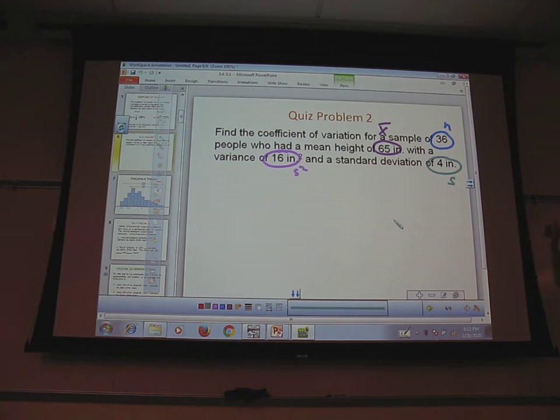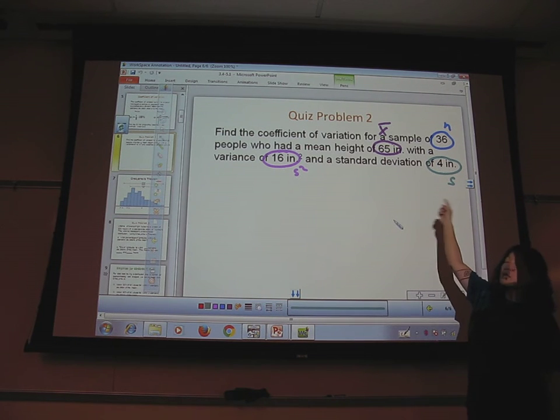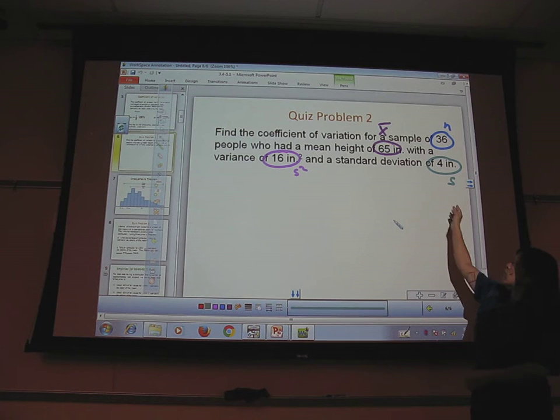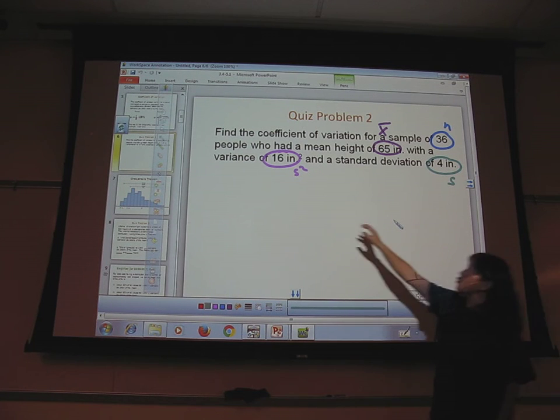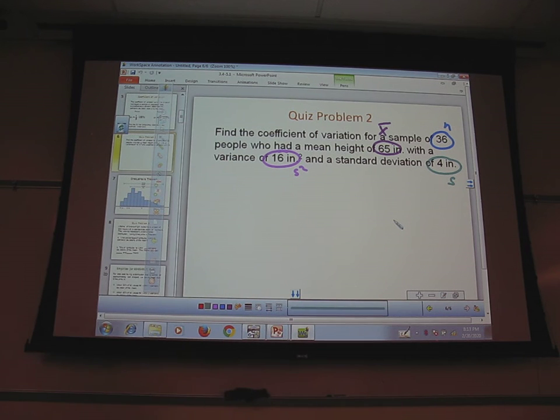Those are the two things that are in the same units. So 4 inches, 65 inches. This one's weird. It's inches squared. It's something different. So the variance we don't use that often. The units are squared. So we care mostly about the standard deviation.